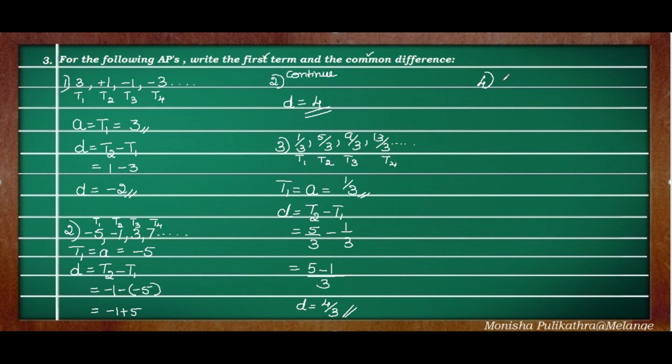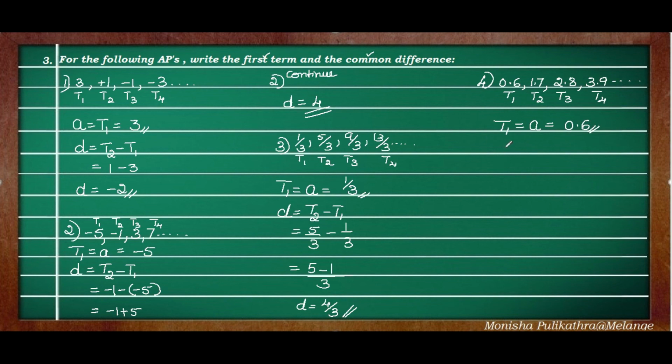The fourth one. The sequence is 0.6, 1.7, 2.8 and 3.9, etc. So first term, second term, third term and fourth term. First we need to find out the first term. The first term is given by A, and A, which is T1, is equal to 0.6 itself.